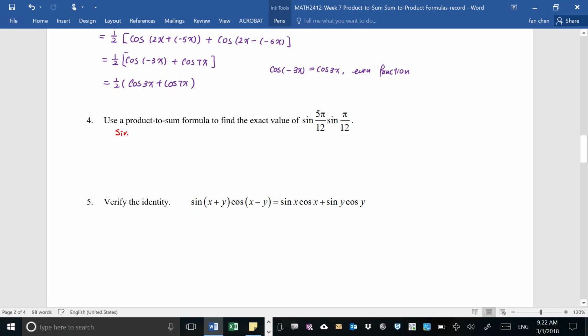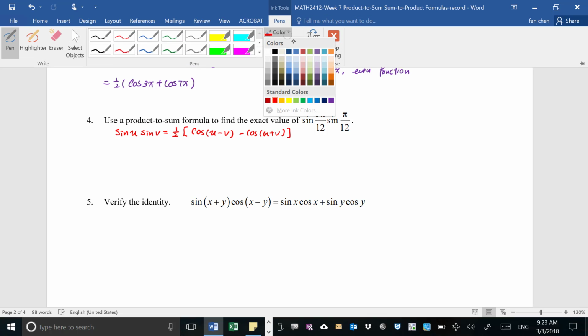So recall that sine u sine v is equal to half of cosine of u minus v minus cosine of u plus v. I can let one of those become u, one of those become v.